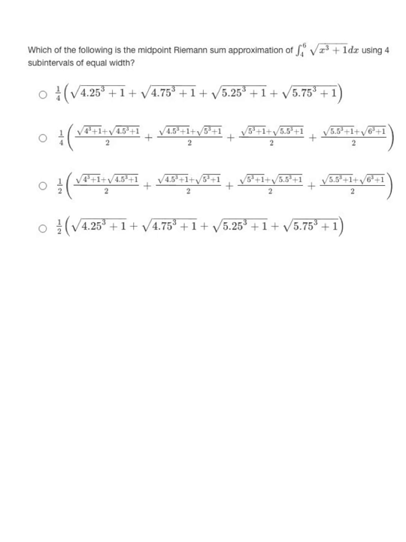Which of the following is the midpoint Riemann sum for this definite integral using 4 subintervals of equal length, or equal width? For a problem like this, I almost always want to start with the width of each subinterval. So I'm going to have 4 subintervals, and my overall interval is from 4 to 6.